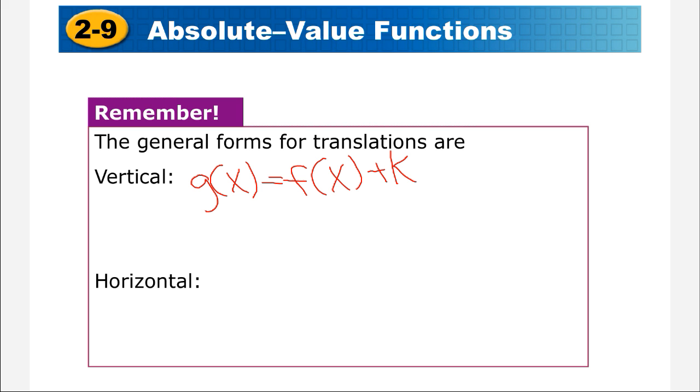The horizontal, you change the x value. So g of x equals f of x minus h, where h is the value that you're moving left or right.